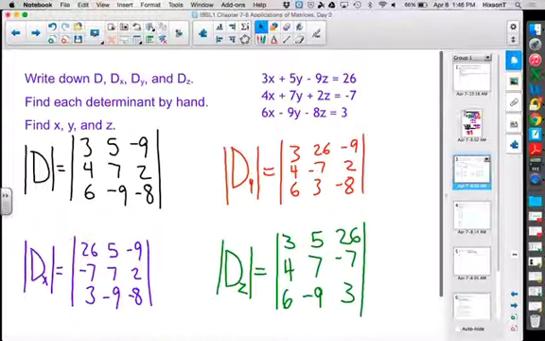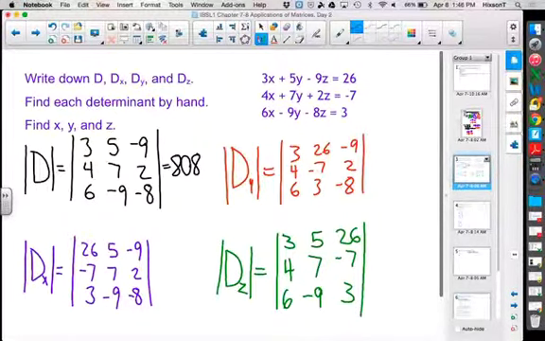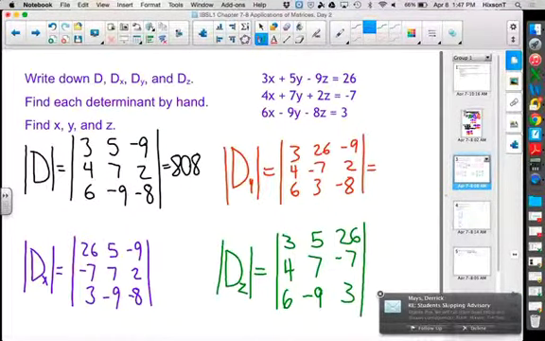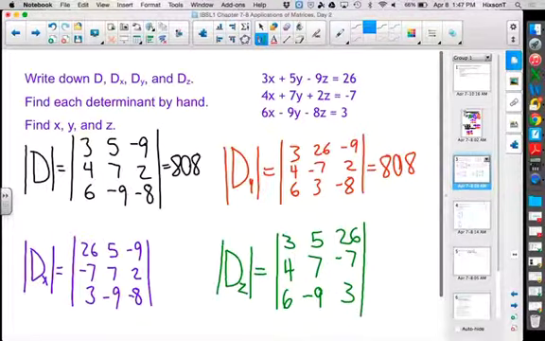We're going to do another problem using your calculators for the determinants. Which one is it?